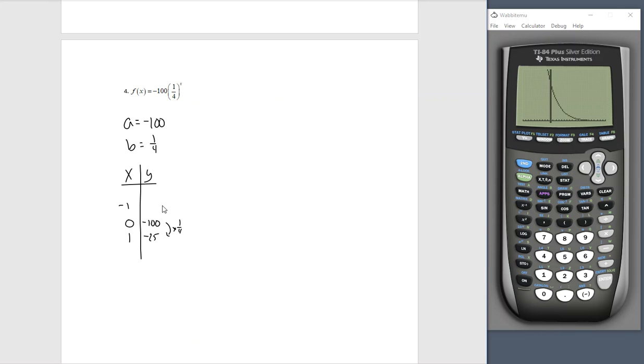If I go backwards, I'm dividing by 1/4, which is multiplication by 4. I could keep going back, or I could keep going forward. It's not just the values right near 0. All of them have that same pattern.